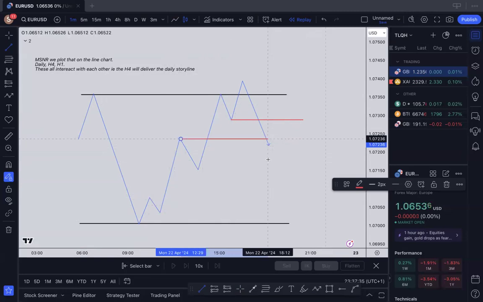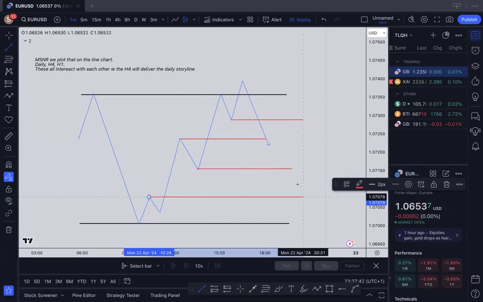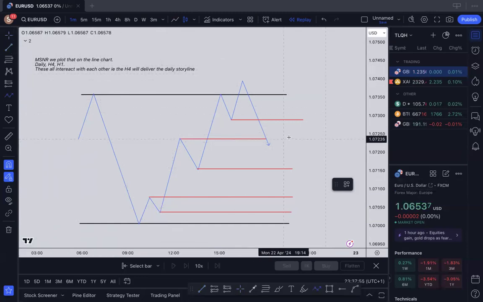Think of it, for example, like a bus. These are your two bus stops. Bus stop one being the top line, bus stop two being the bottom line. And now these red lines are just basically your buses.